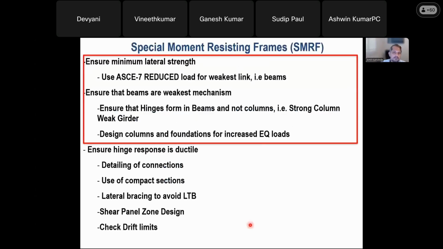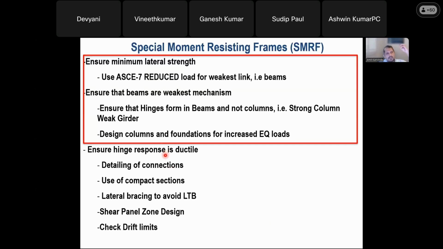So the first thing to remember is that we must use the R factor load, but we should use that R factor load only for the weakest link, that is the beams. Okay, so in moment resisting frames, we're going to use the R factor load, or the reduced load, only for the beams. Everything else is going to be stronger than the beams. And the way we do that is first we design the beams for that R factor load.